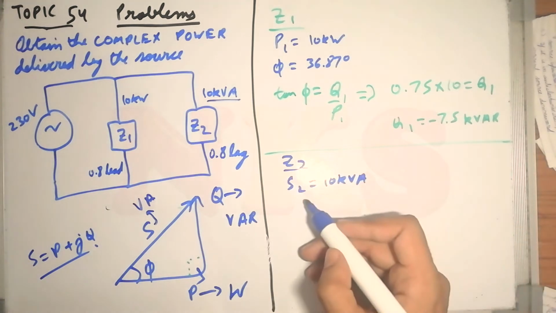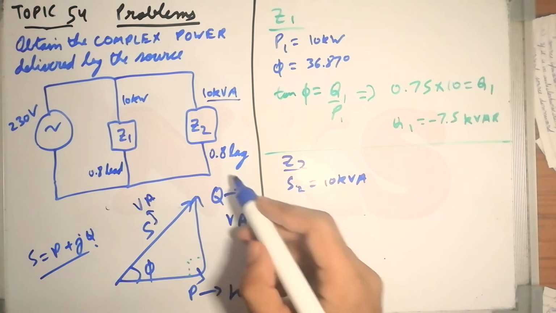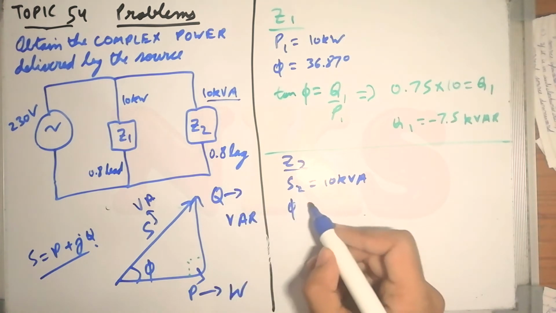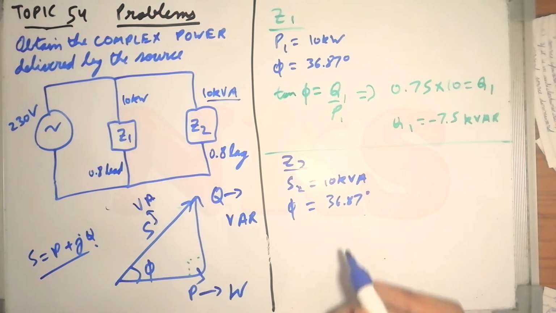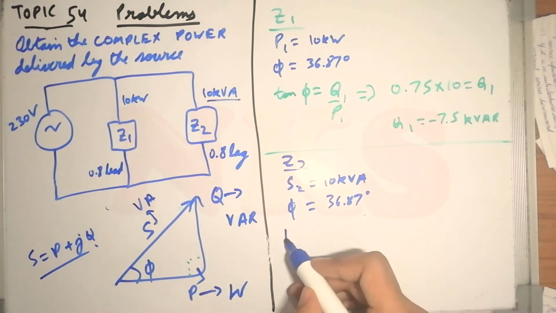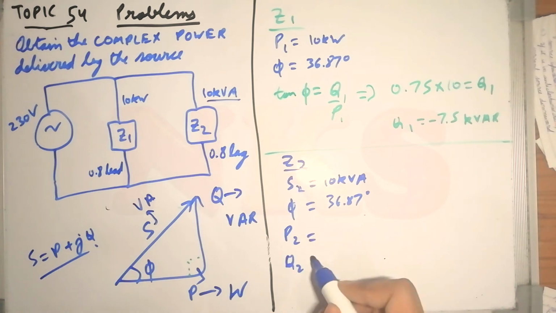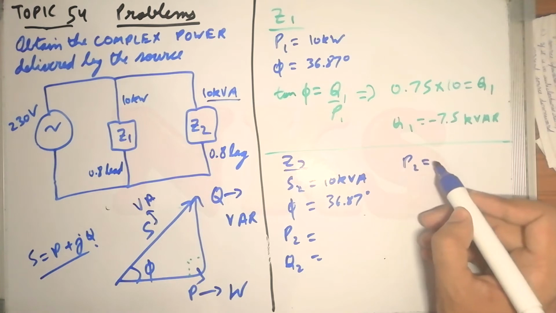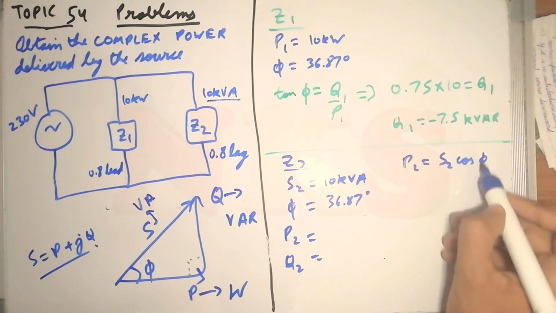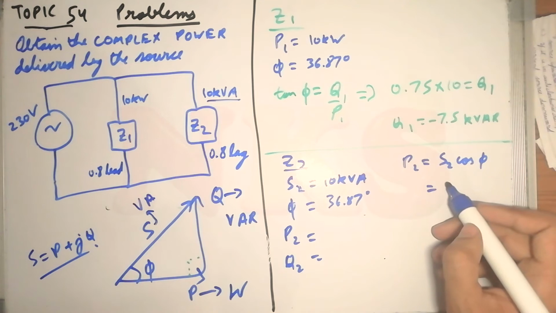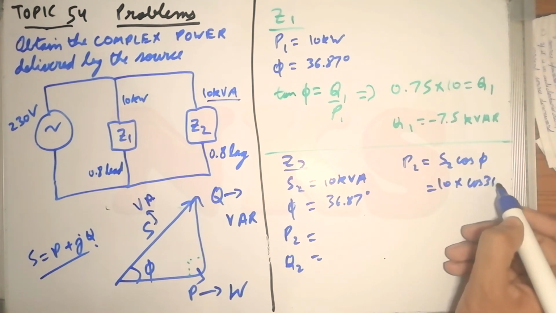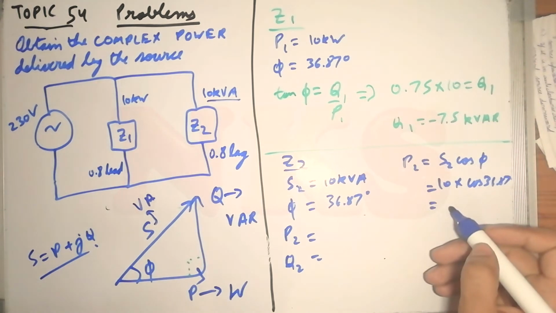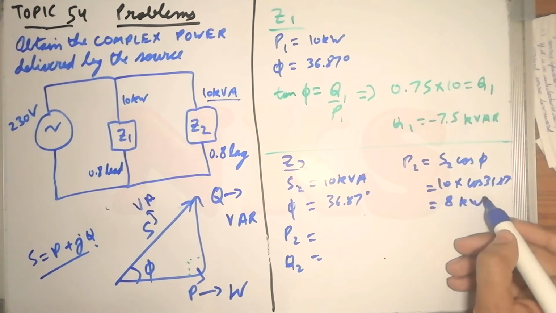So S2 is 10 kVA, and it is 0.8 lag, that is an inductive kind of load. Cos inverse 0.8 is 36.87 degrees. So I have to find P2 and Q2. P2 will be S2 cos phi, which is 10 into cos 36.87, that is 0.8 into 10, which is 8 kilowatts.